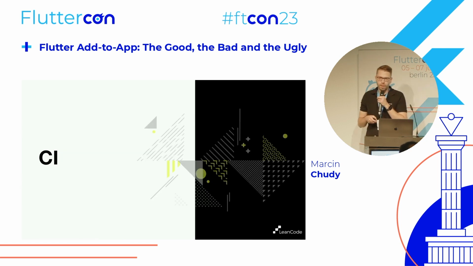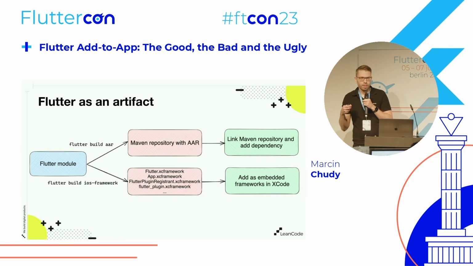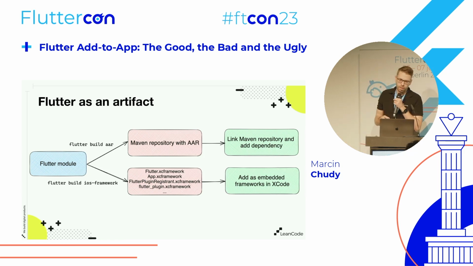Okay, so another thing: how do we build this actually? We have a pipeline for building native apps. How do we add Flutter? Again, there are basically two ways. One is to treat Flutter as an artifact. Here we can use the flutter build aar command, which builds a Maven repository with an AAR.